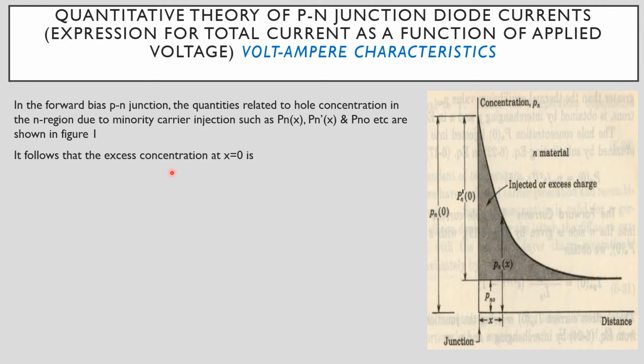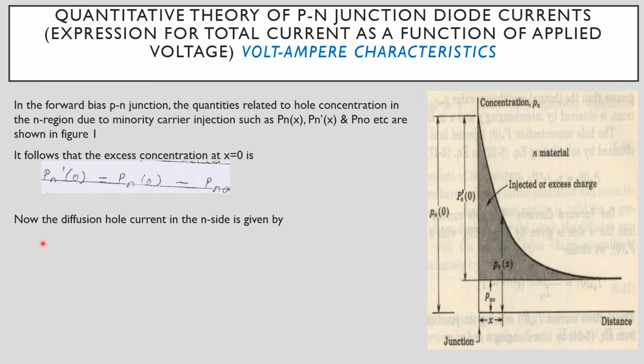It follows that the excess concentration at x equal to 0 is given by Pn dash of 0, which is equal to Pn of 0 minus Pn0. Pn0 is the equilibrium concentration.